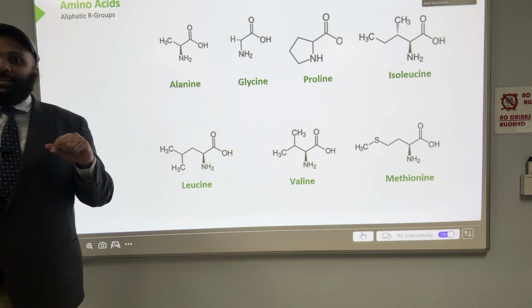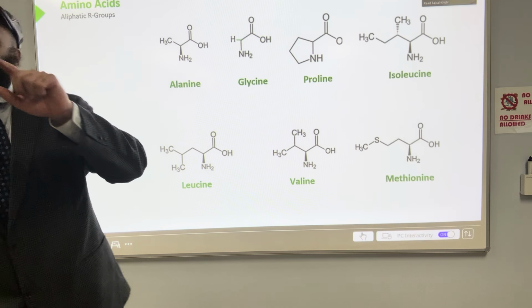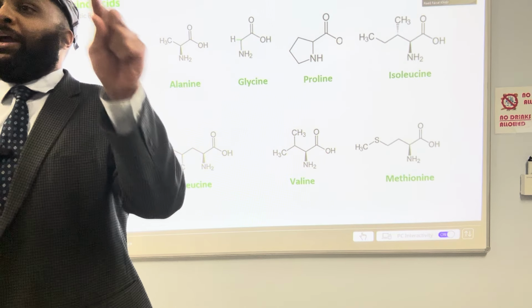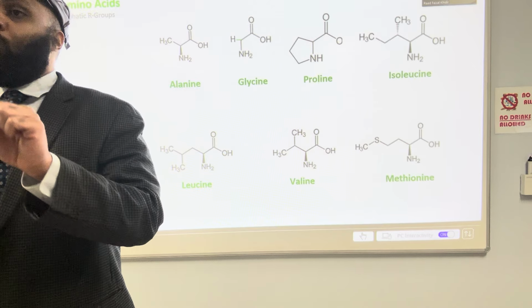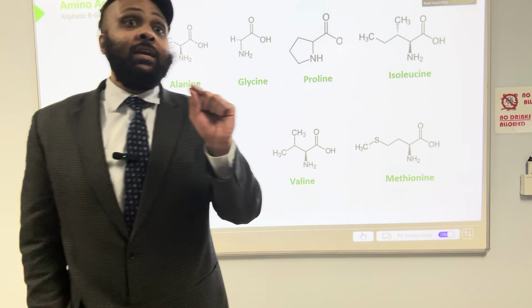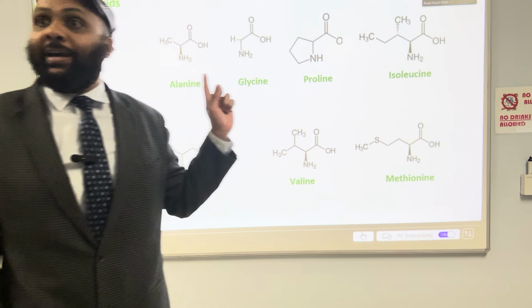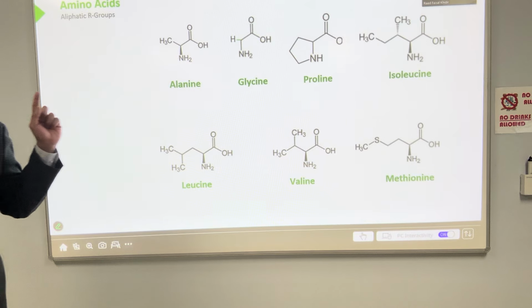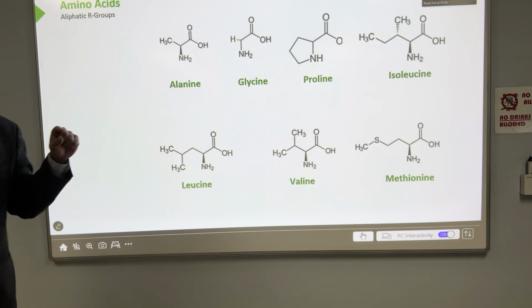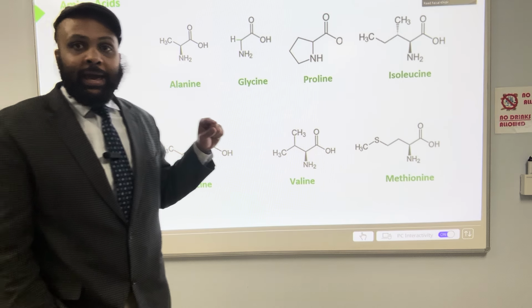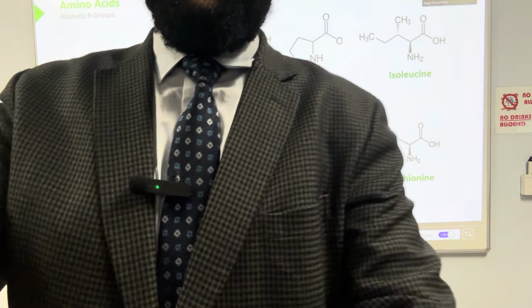One amino acid has its R group making a ring with its own amino terminal. Can you look at it here? Which amino acid has an R group that is connected to its own amino terminal?